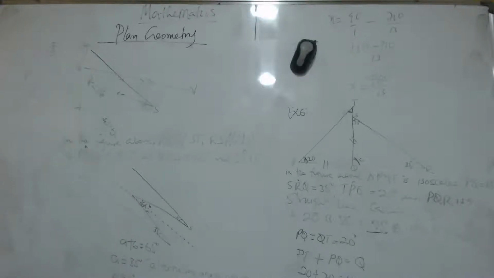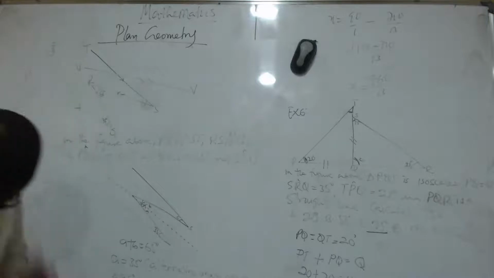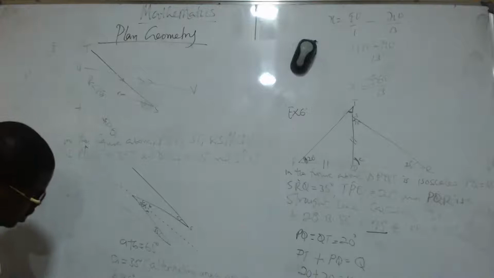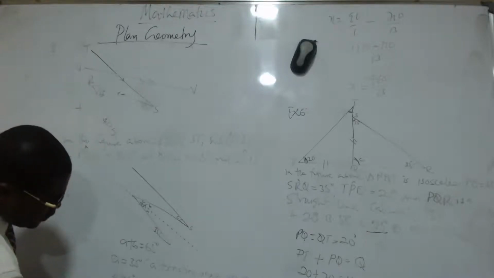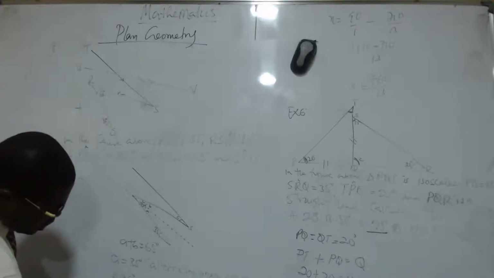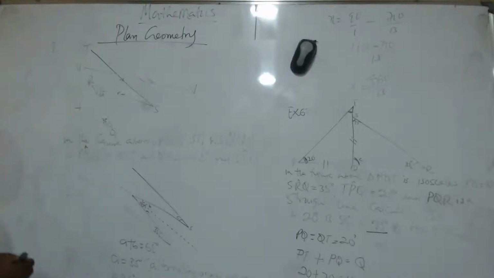Then I note that A plus B will give you 65, and my A is 35, so I can get B. A is 35, plus B equals 65, so B becomes 65 minus 35. Therefore, my B is 30 degrees.